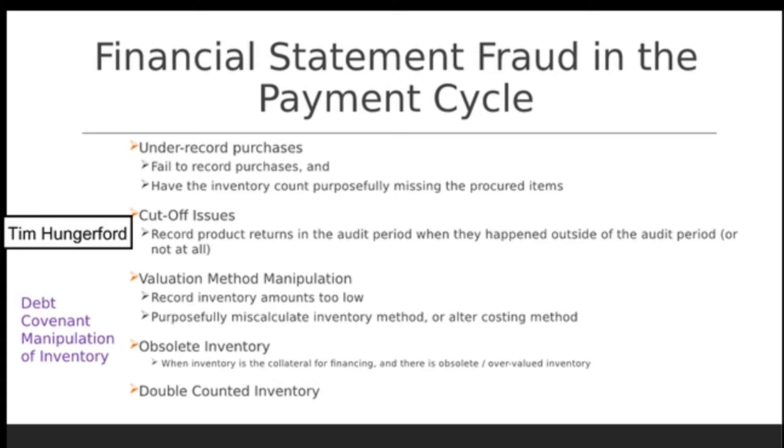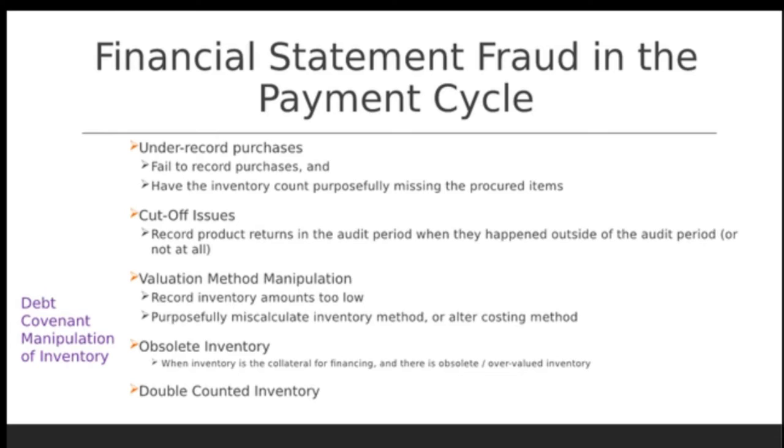Financial statement fraud in the payment cycle: the reasons why people might manipulate their financials through the payment cycle are they want their bottom line to look good or their gross profit to look good. So they may want dollars out of their cost of goods and into their inventory. They may overstate their inventory in a way that makes their cost of goods look smaller so that they look more profitable.